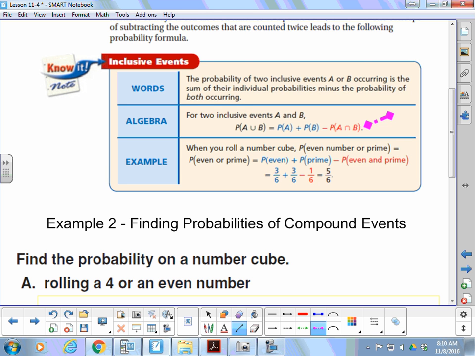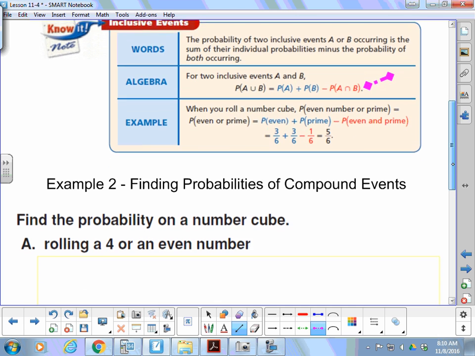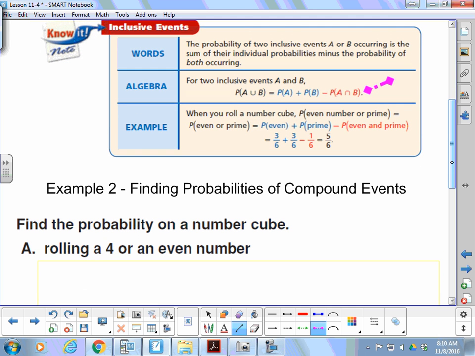So the probability of A plus the probability of B minus the probability of A and B, something that's in both of them. All right, so probability even 3/6 plus probability prime 1/6, or 3/6 plus 1/6 minus 1/6, because we have one of those that's in both. All right, we get 5/6.